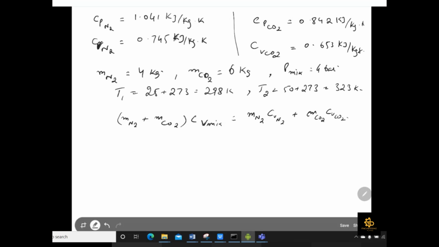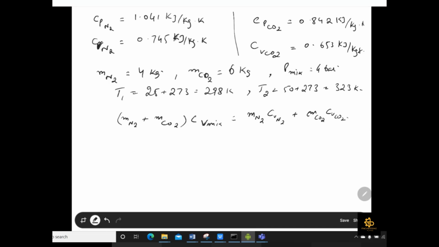We can easily write this equation because if we multiply the mass of both gases with Cv mix, we get the right hand side of the equation.